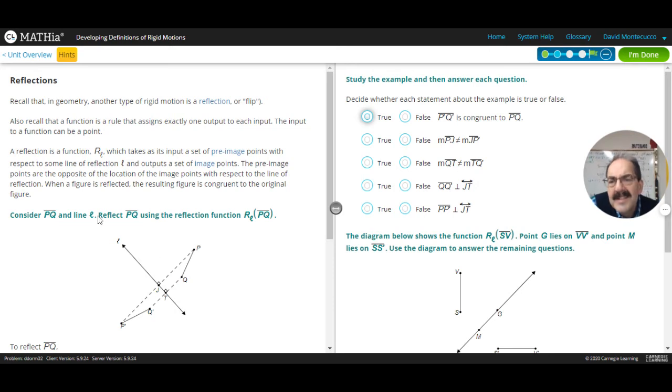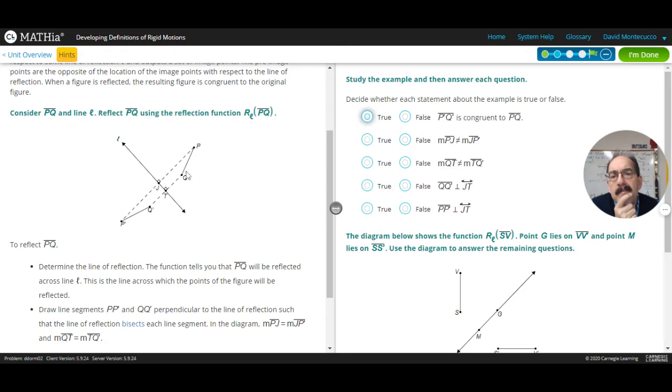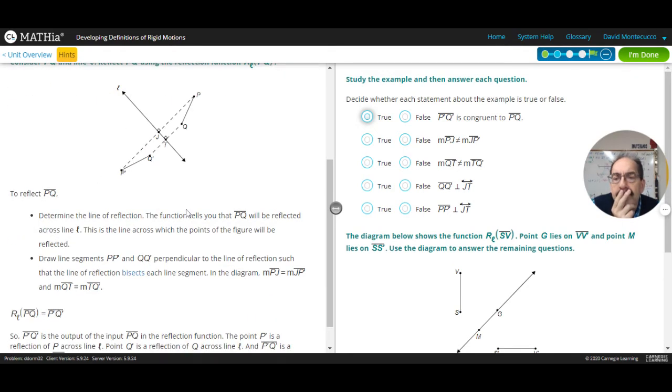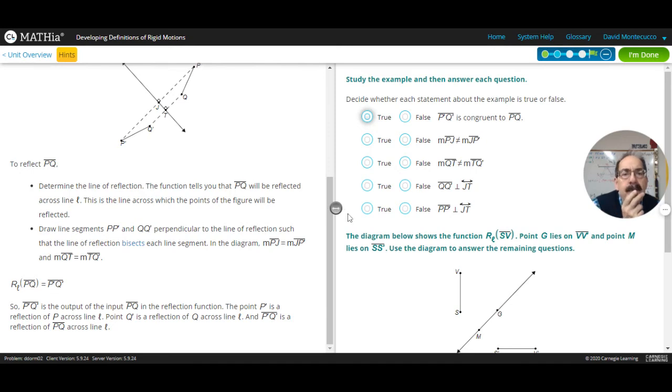Okay. So now this idea of reflect, we want to reflect it. Okay. So we're reflecting PQ about JT. Okay. P prime Q prime is congruent to P, otherwise we would have failed, so true.